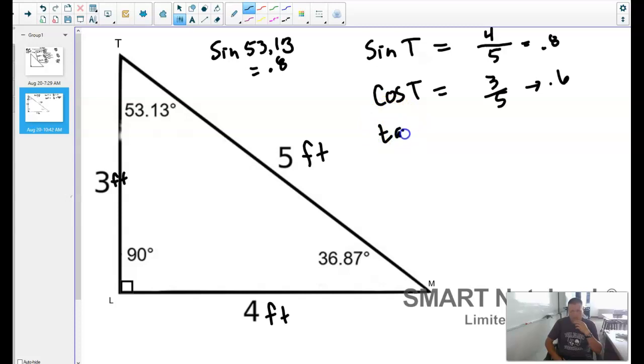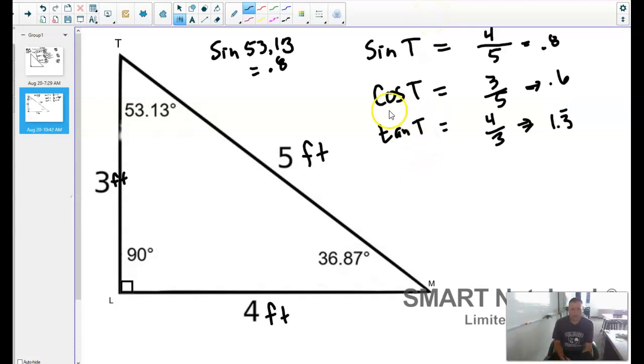If I did tangent of t, tangent of t is the opposite side over the adjacent side. So that would be 4 over 3, which is equivalent to 1.3 repeating, okay? And that's always going to be the case.